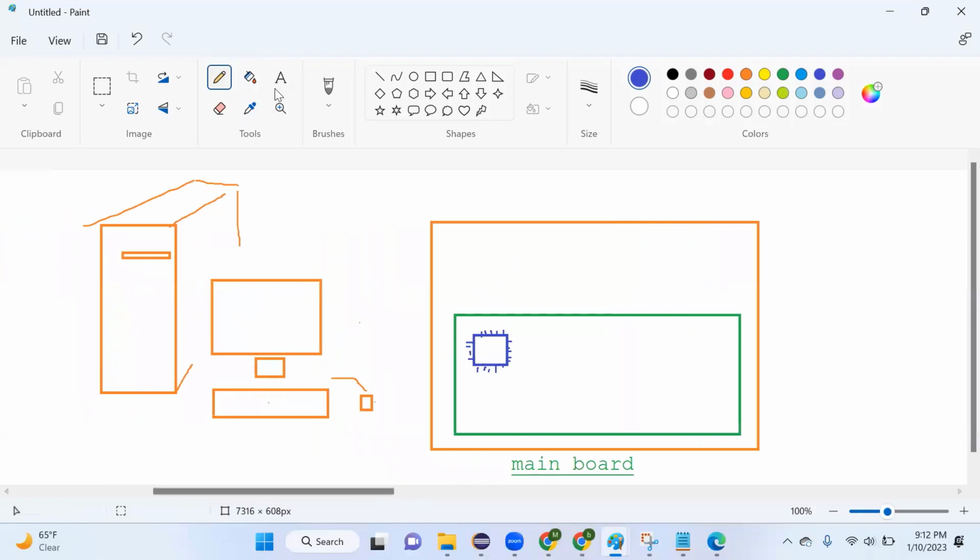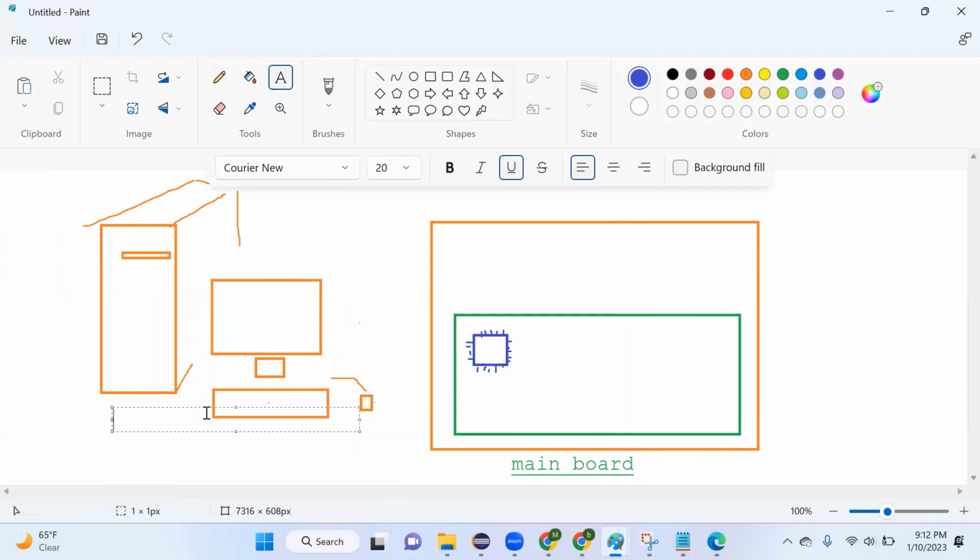Long before, people called this box the CPU box, but this is called the casing, actually. This box name is casing, and this is the monitor, we know, but this box is called casing. Okay, so this is called CPU, central processing unit. Central processing unit.